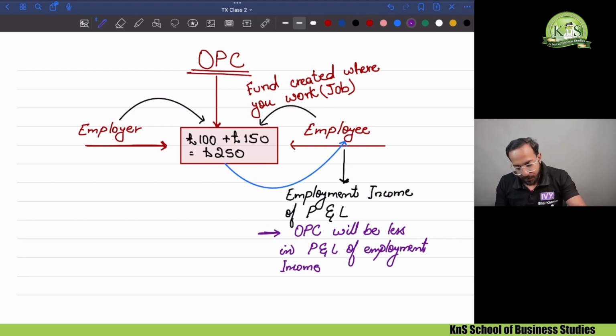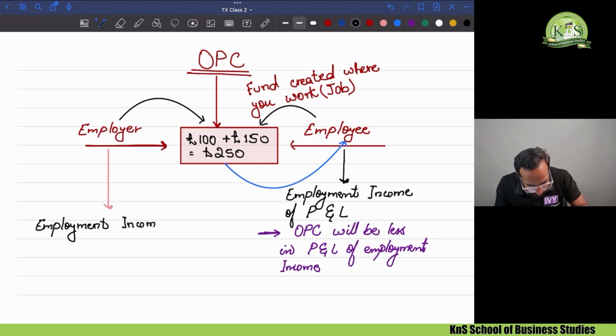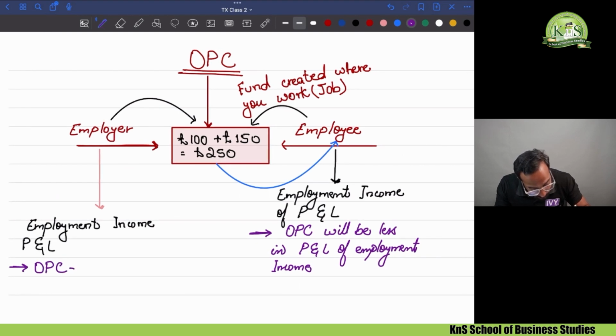Sir, what is the treatment of employer contribution? Listen, when we make the employment income P&L, contribution by the employee is deducted, and contribution by the employer will be ignored.